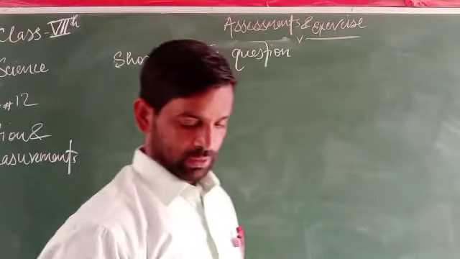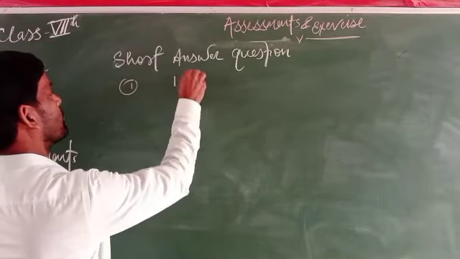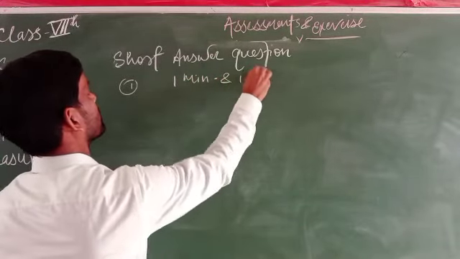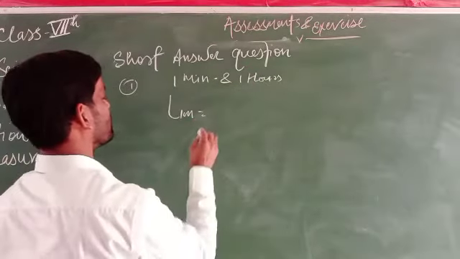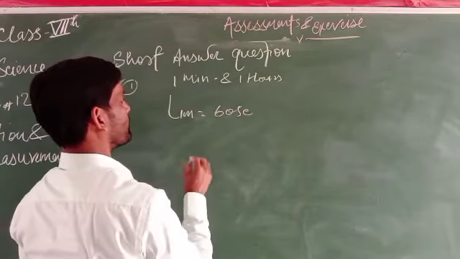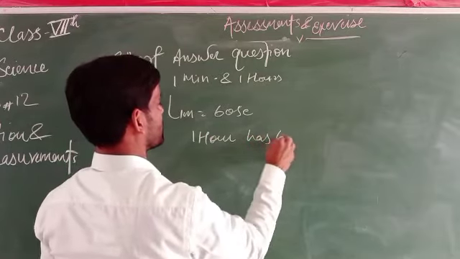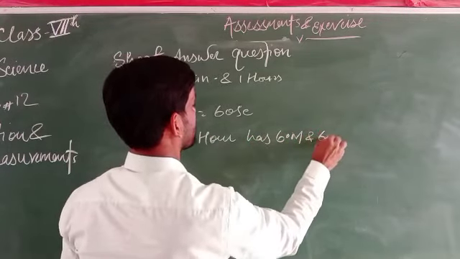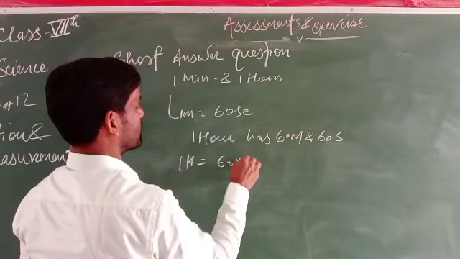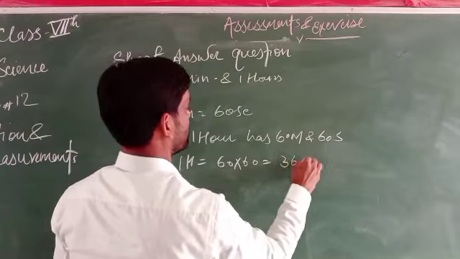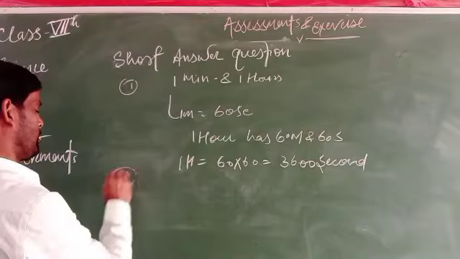How many seconds are there in 1 minute and 1 hour? 1 minute is equal to 60 seconds, and 1 hour has 60 minutes of 60 seconds. So 1 hour is equal to 60 into 60, which is 3600 seconds.